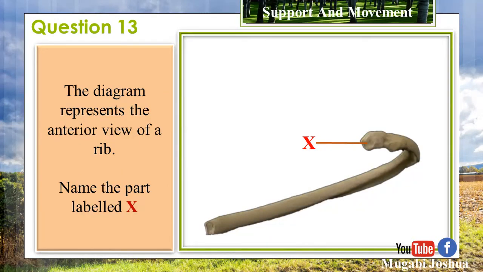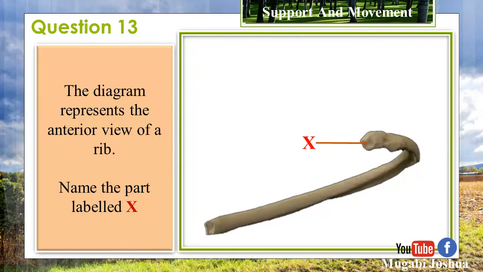Question 13. The diagram represents the anterior view of a rib. Name the part labeled X. So we have our diagram there, which is a rib.